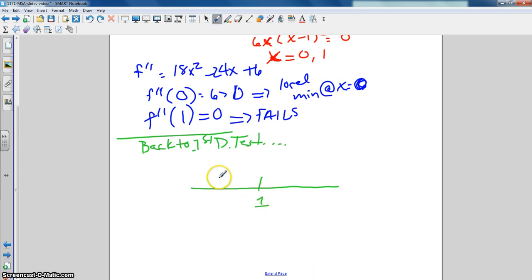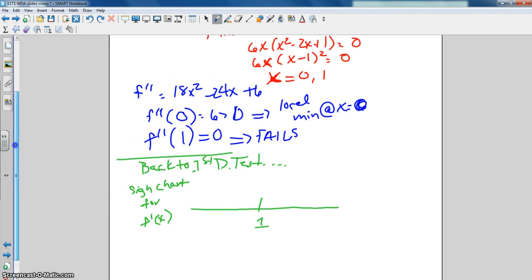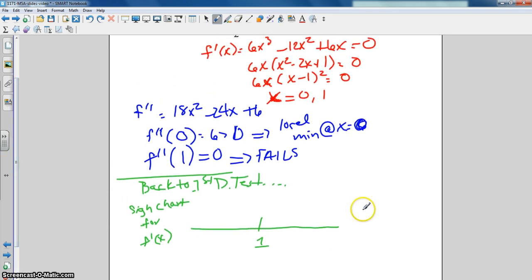I'm going to make a sign chart for f prime. I need to take test points and plug them in, so I'm going to look at f prime of 0.5 and f prime of 2. Plug them into my first derivative and see what happens. When I do this, I end up getting positive values for both of them.